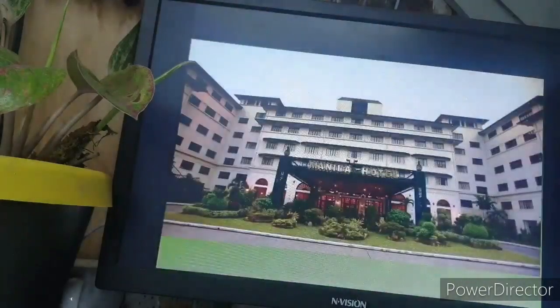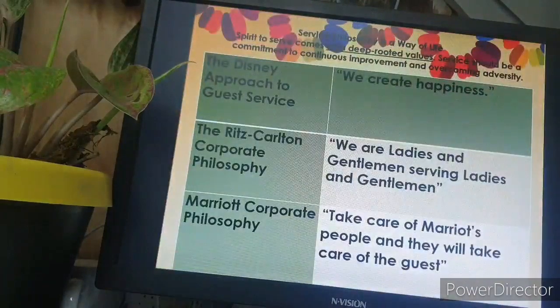Next in line, of course, the one that we discussed last meeting, I think that was our first grading period, the service philosophy. That Disney approach to guest service, they believe that they are the happiest place on earth because of the street electric parade.